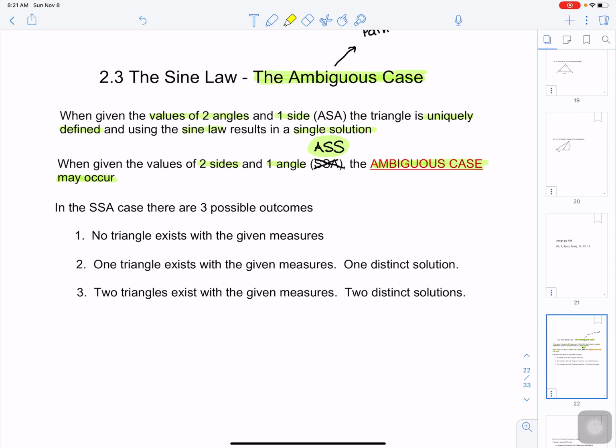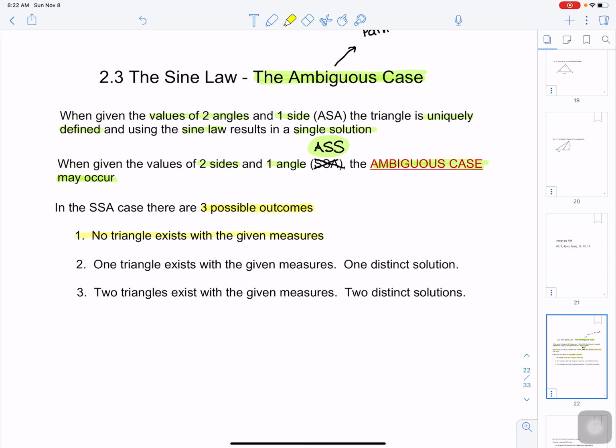Now, what we need to look for is there's three possible outcomes when you have a triangle of this sort. The first thing is that if you have a side and an angle, you could have a situation where there's no triangle that's going to be possible. So sometimes we draw these triangles out, we put the numbers on the triangles, but if we were actually going to measure using a ruler and a protractor with the angles and the sides they give you, the triangle doesn't actually happen and it doesn't actually draw out, okay?